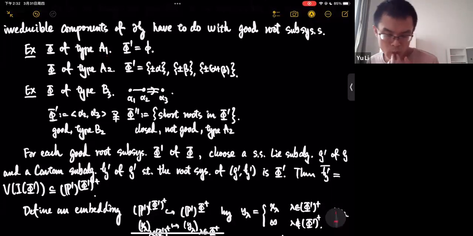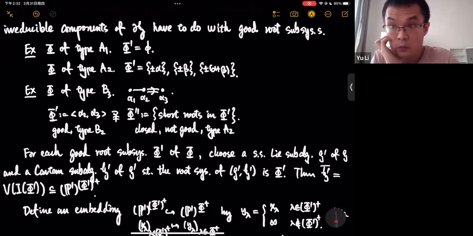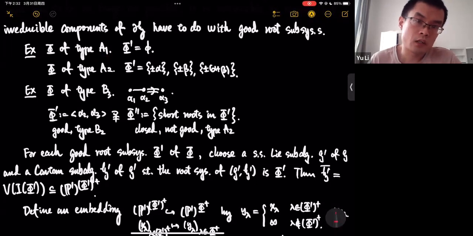In type A2, again, phi prime has rank 1 less, so phi prime has rank 1. We have only one rank 1 root system, which is of type A1, consisting of two roots, a root and its negative. So in type A2, we have three root systems of rank 1 less: plus minus alpha, plus minus beta, and plus minus alpha plus beta. And it's not too hard to verify that these are indeed all good root subsystems.